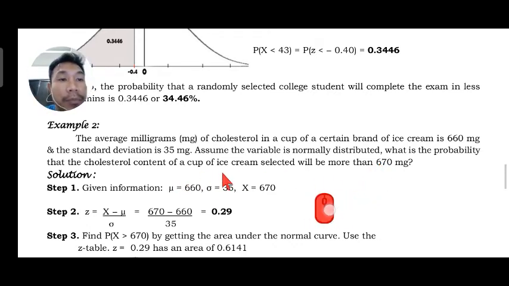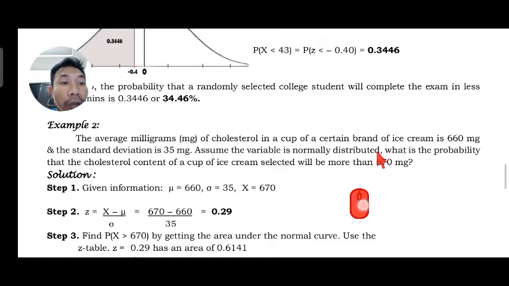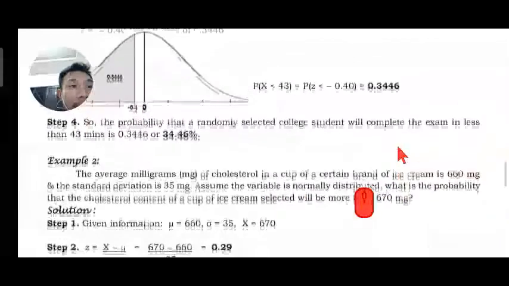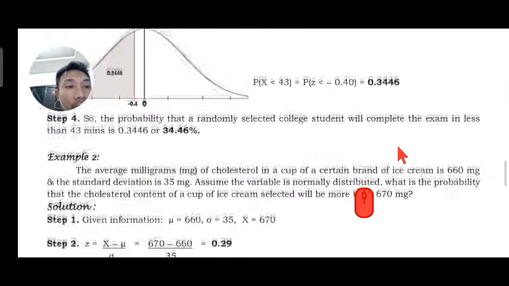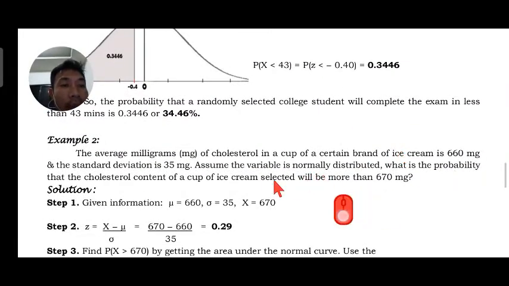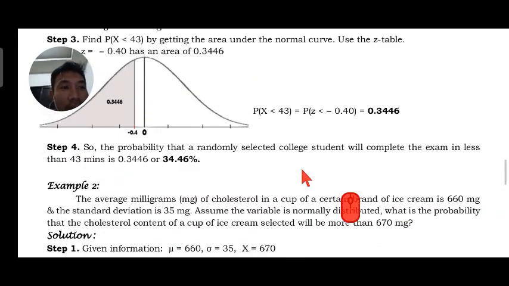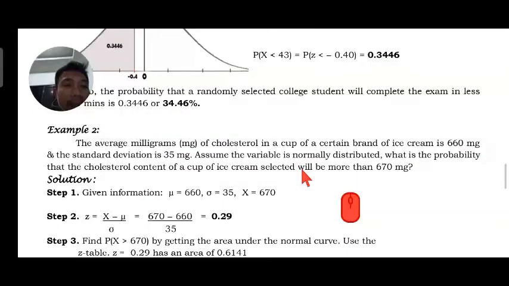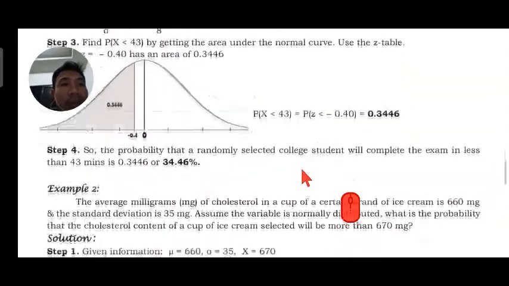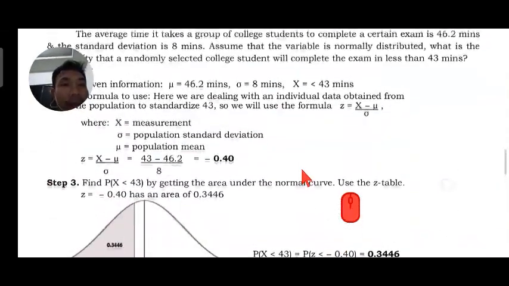This time it is more than, so we will use greater than. As you notice, it says to assume that the variable is normally distributed, so we can use our Z table.